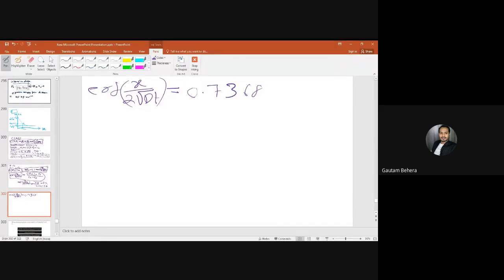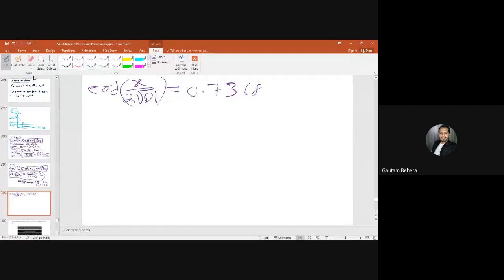Now, I have to give you the error function table to solve this. Actually, without the error function table, you cannot solve it. Right now I don't have that, but let me share it.